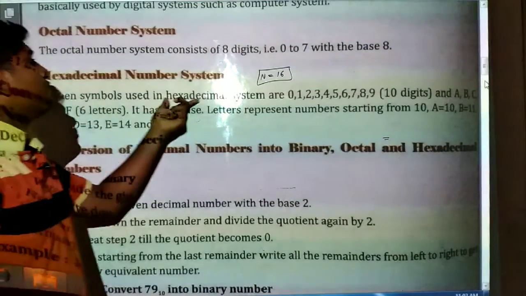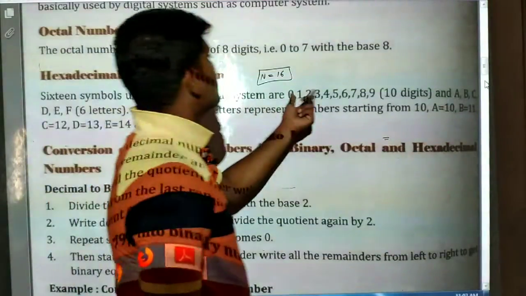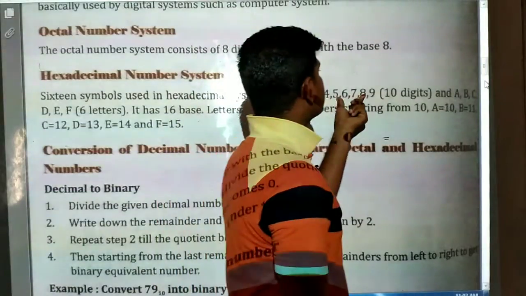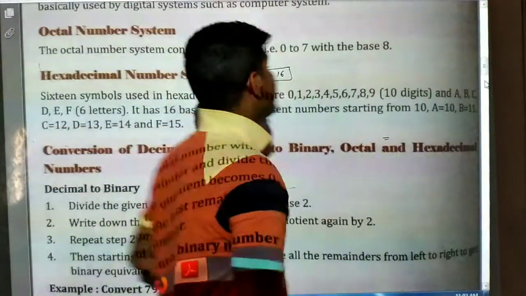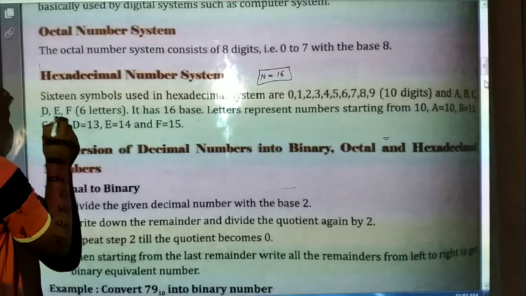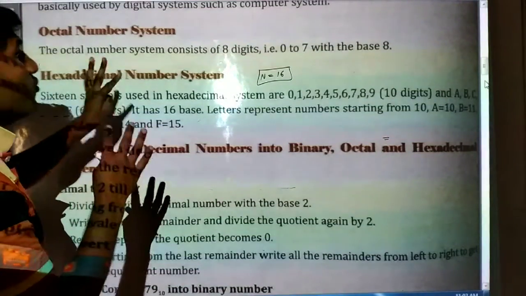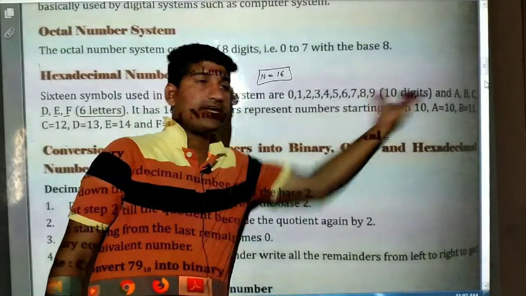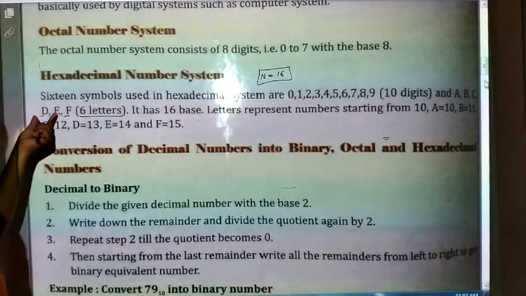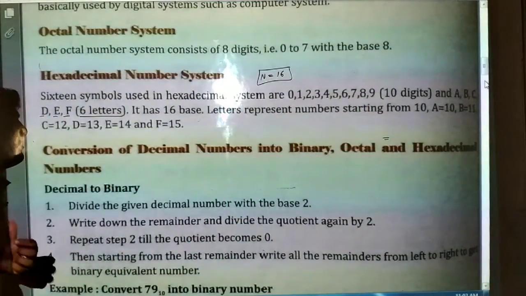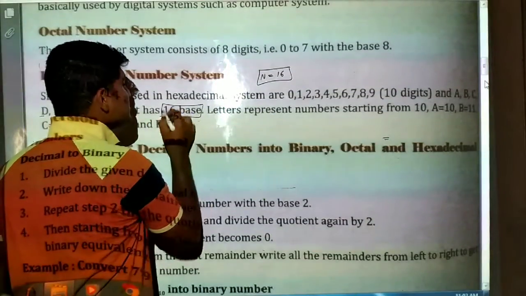16 symbols are used for hexadecimal numbers: 0, 1, 2, 3, 4, 5, 6, 7, 8, 9, 10 digits and A, B, C, D, E, F, 6 letters. So its base is 16.